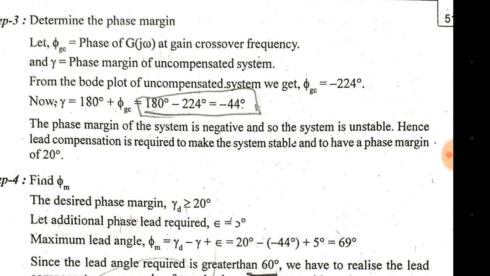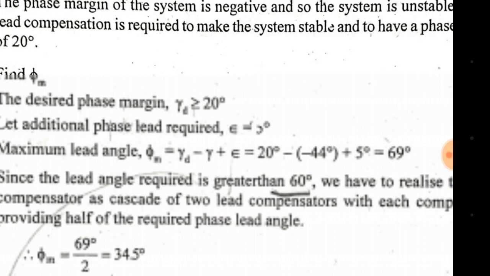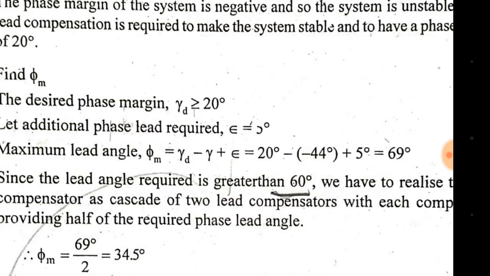So the desired phase margin is 20 degrees, and the equation of phi m is the desired phase margin minus the current phase margin of the uncompensated system plus an error value of 5 degrees. So phi m is equal to 20 degrees minus (minus 44 degrees) plus 5 degrees, that is equal to 69 degrees.